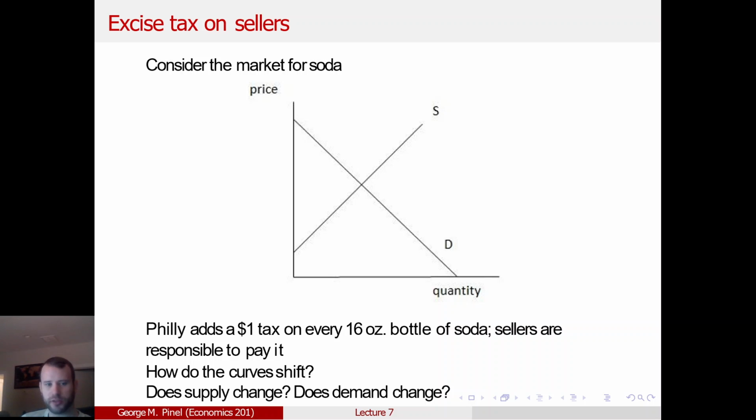They were willing to sell at anything above $4, so what's their new willingness to sell? They're willing to sell at anything above $5, where the $1 goes to the government and they collect $4. If I'm willing to sell at $6, and the government implements a $1 tax, what am I now willing to sell at? Anything above $7. So I keep the 6 for myself, and the government gets $1.